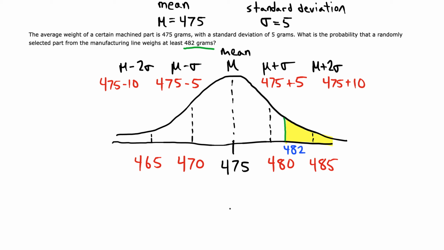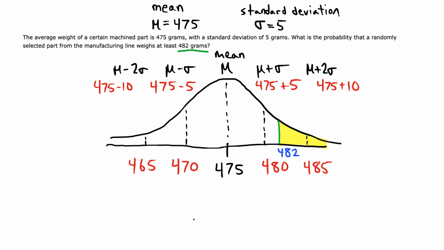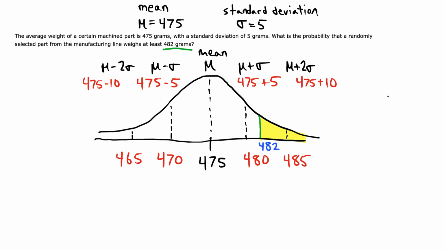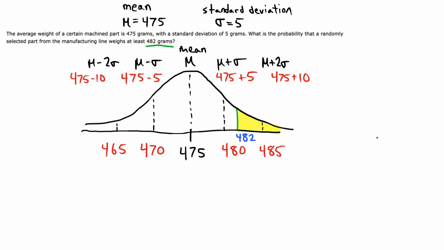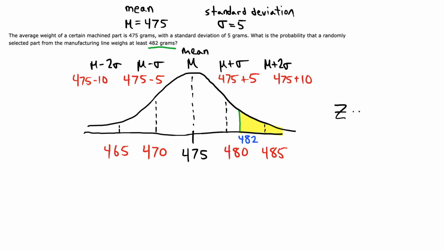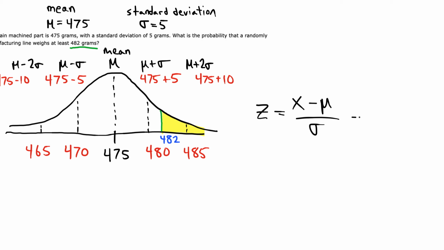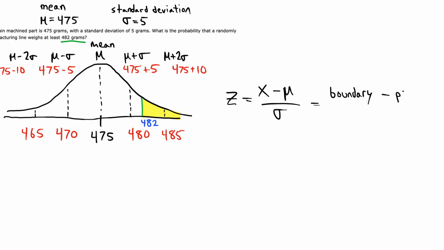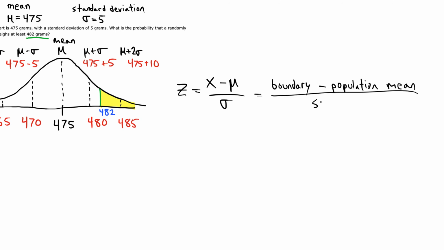We have to find the z-score for that 482. And there's going to be a formula to use for that. The formula will be z equals x minus mu over sigma. That's the boundary location minus the population mean, divided by the population standard deviation.